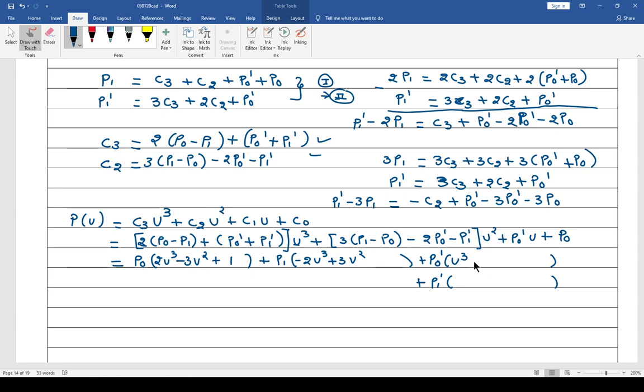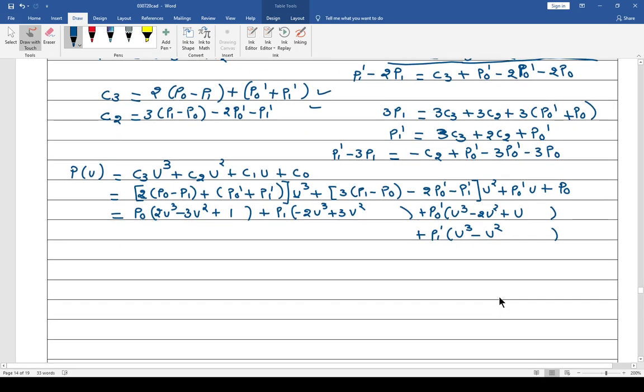Now I am writing for p0 dash, and then I have p0 dash here, so plus u. Now for p1 dash, that exists here, so it is u cube. And p1 dash exists here, that is minus u square, and p1 dash does not exist anywhere. Okay, so this is my polynomial.